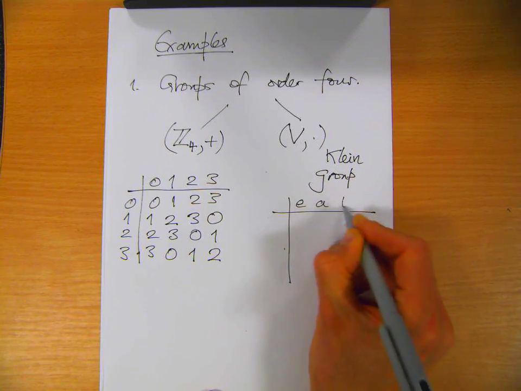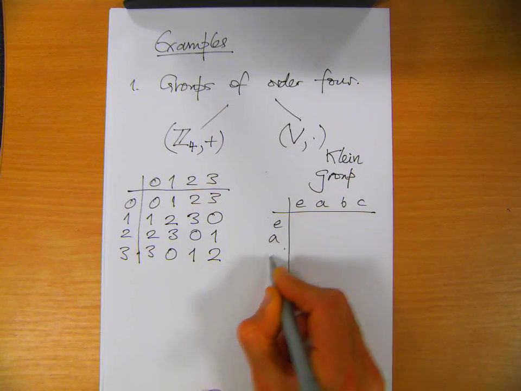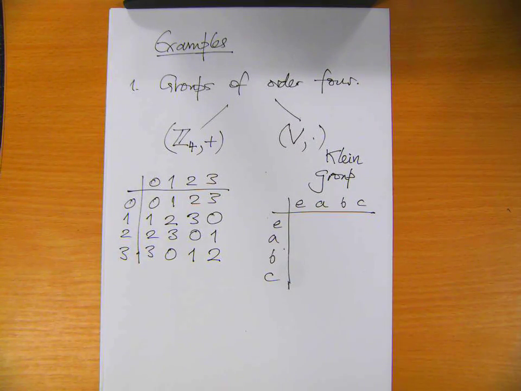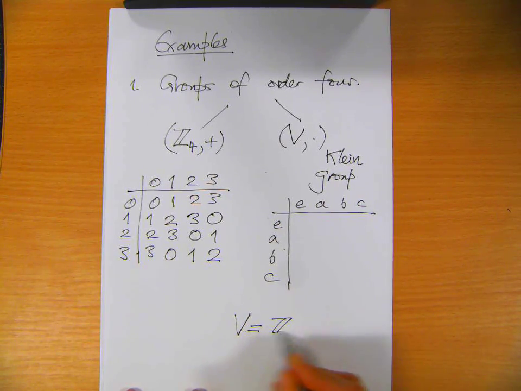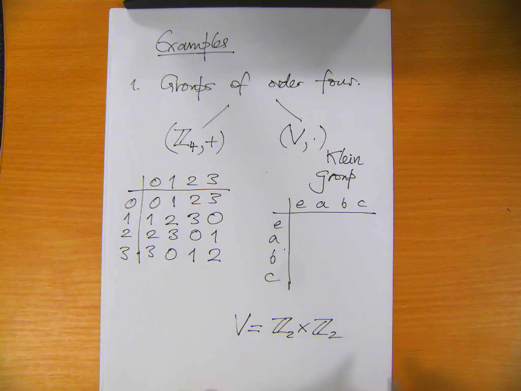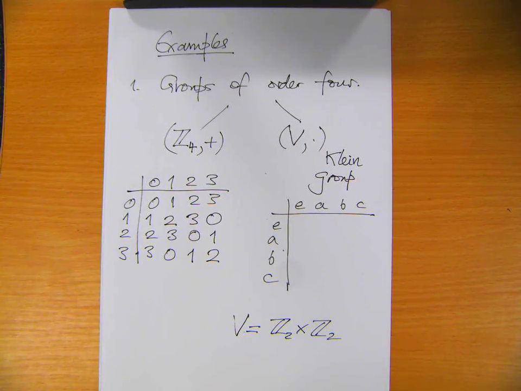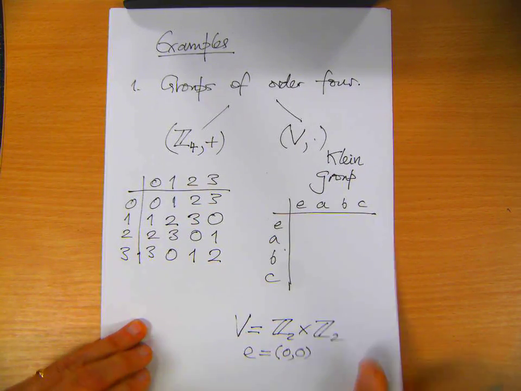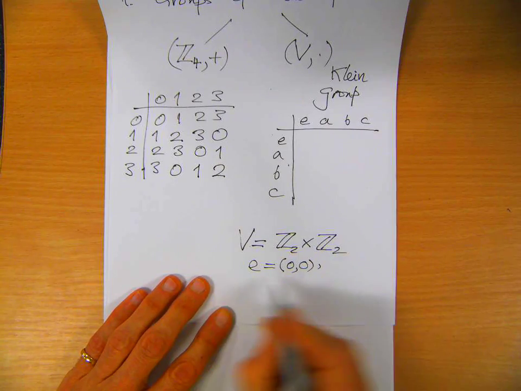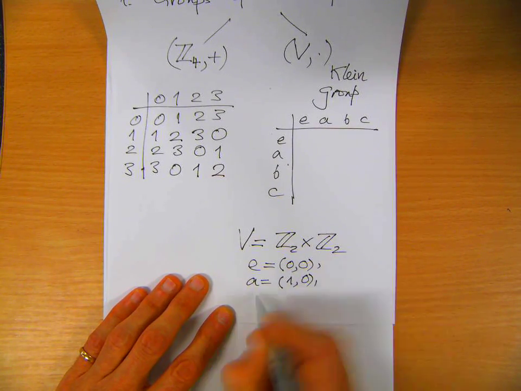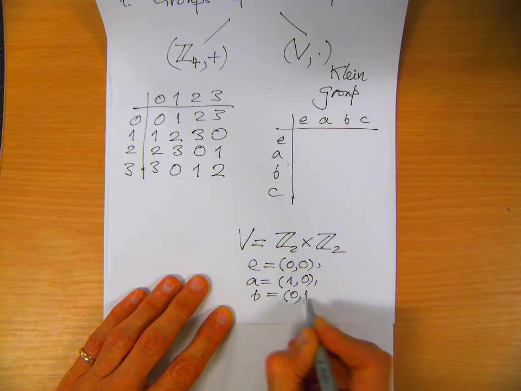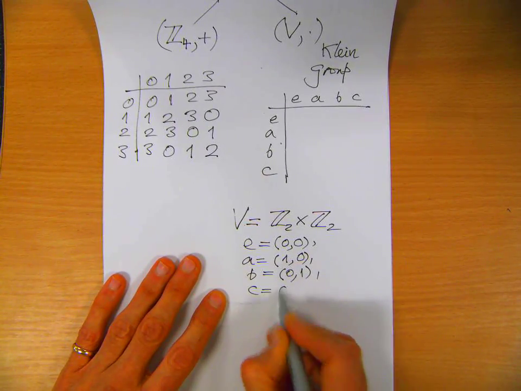Identity element E and then 3 non-identity elements A, B and C. If you want, you can think of V as the direct product of Z2 with Z2 as we did last week, in which case E would be 0, 0. A would be, say, 1, 0. B would be 0, 1. And C would be 1, 1.